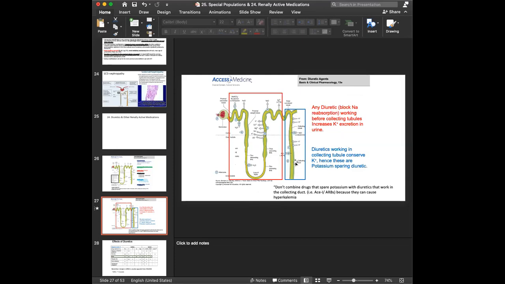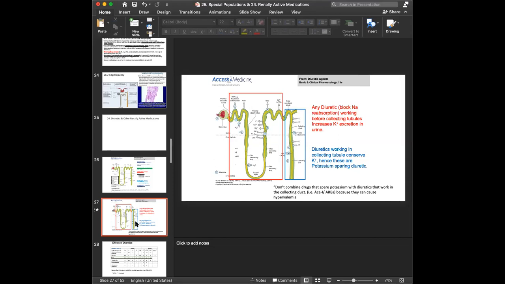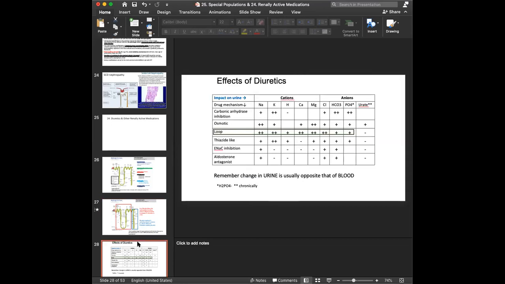If a diuretic works at the collecting tubule, it's going to conserve potassium, so it's called a potassium sparing diuretic, and it could cause hyperkalemia. Remember that ACE inhibitors and ARBs can also cause hyperkalemia, so don't combine them with a drug like spironolactone, or something that works in the collecting tubule.